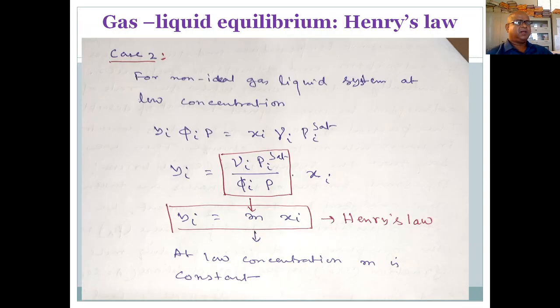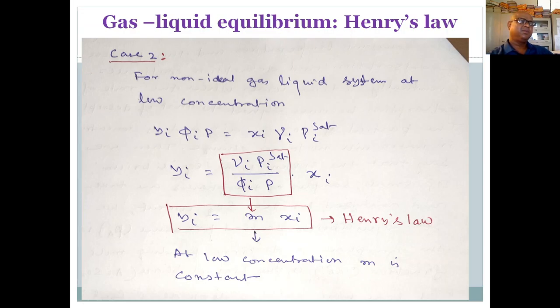Now if you take another case, a non-ideal gas-liquid system at low concentration, then the common equation is yi phi I P equals xi gamma I pi sat for the ith component. So yi equals gamma I pi sat over phi I P, times xi, and this equals m. Why am I telling this? For a non-ideal gas-liquid system, the system need not be ideal.